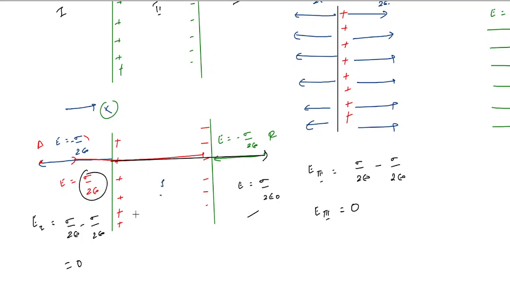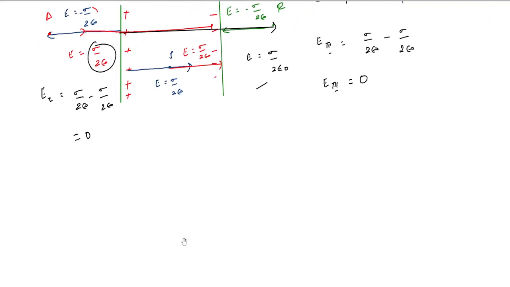Let's find out what is the electric field because of the positively charged plate. The field line goes out of it, so at this point the field will be going like this. We call this sigma by 2 epsilon naught. And because of the minus charge also, the field will go towards the plate, and this also will have the same value, sigma by 2 epsilon naught.